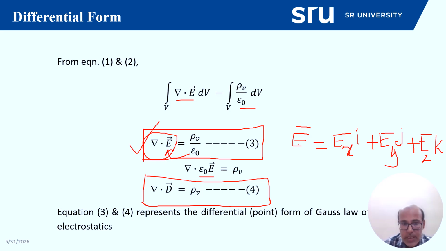So through this del, we are doing the partial differentiation. We are trying to see how the electric field varies with respect to x-axis, y-axis, and z-axis. That's the meaning of the del, the partial differentiation, dou by dou x, dou by dou y, and dou by dou z.